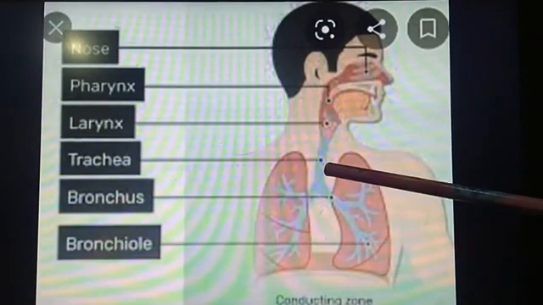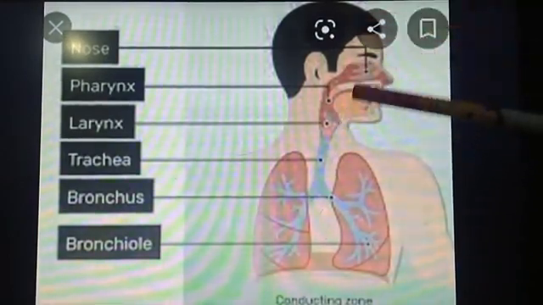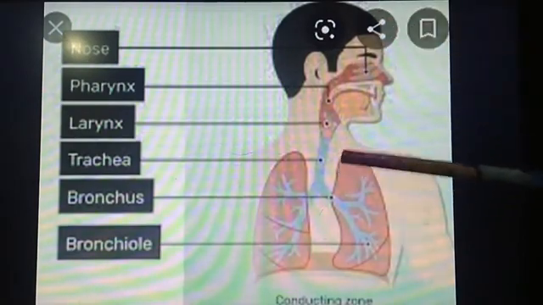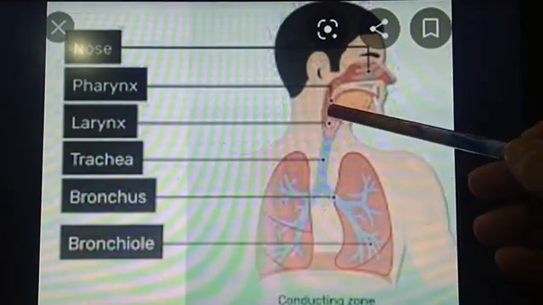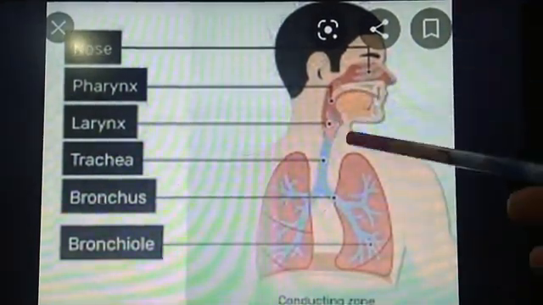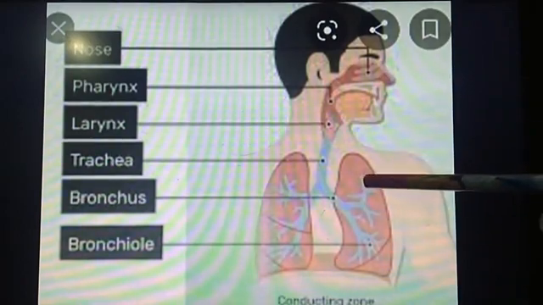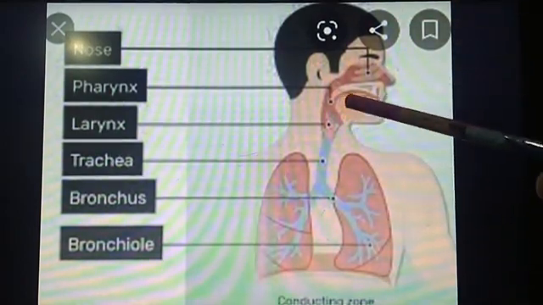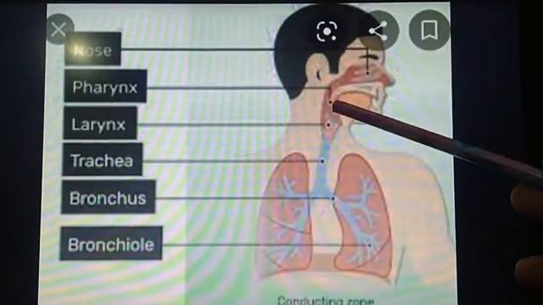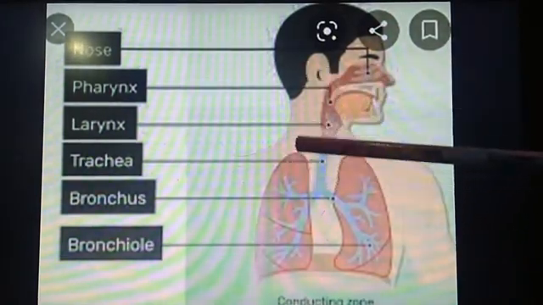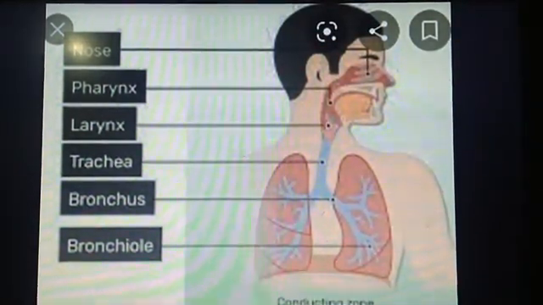The pharynx chamber serves both respiratory and digestive functions. Thick fibers of muscles and connective tissues attach the pharynx to the base of the skull and surrounding structures.